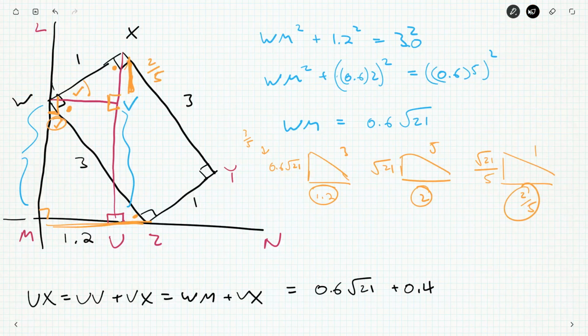And now I'm at a stage where I can just grab my calculator. So we'll do square root 21 times 0.6, which I'm getting 2.749. So 2.749, and then we want to add on 0.4.